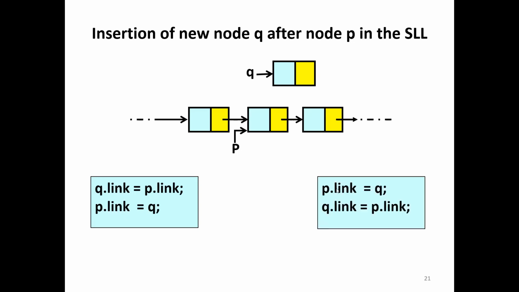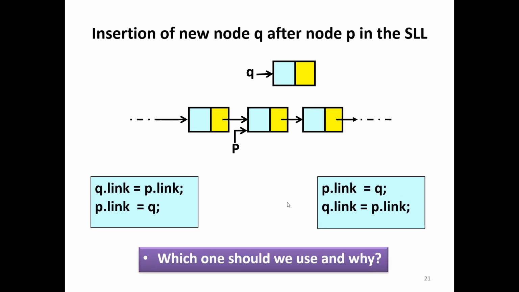Another way to do it is to assign Q to the link of P first, then assign the link of P to the link of Q. However, of these two ways, there's one that is the best or most accurate way to do it. Which do you think is the most accurate way to perform this operation?